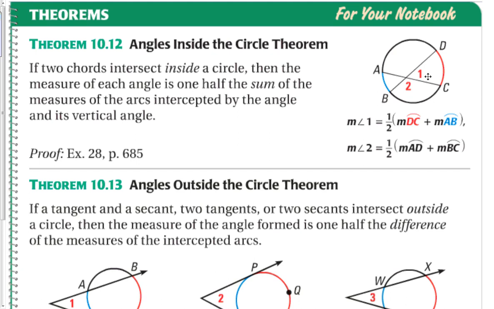How does it work? To find what angle 1 equals, we do half of AB plus CD, or DC plus AB, either way, and we're averaging them. So angle equals half the sum when we're on the inside. Angle 2 equals half BC plus AD, even though they didn't color code.